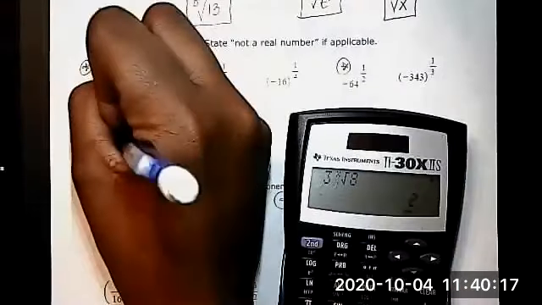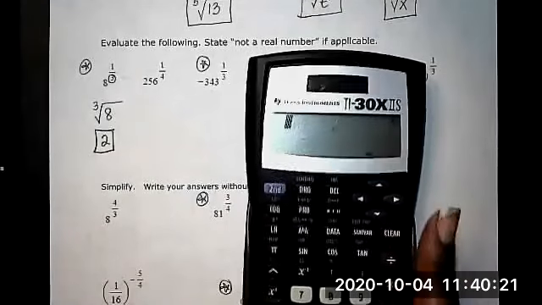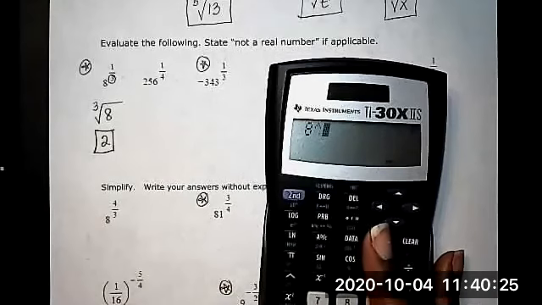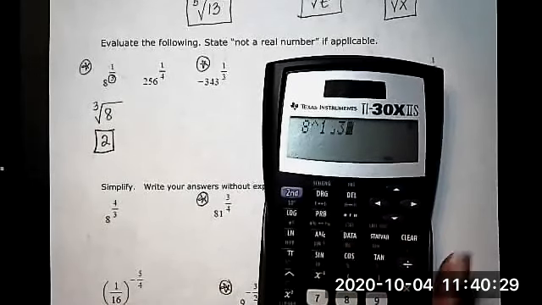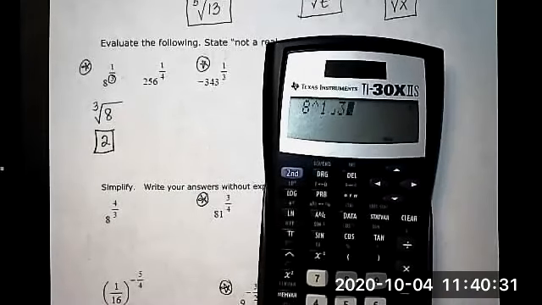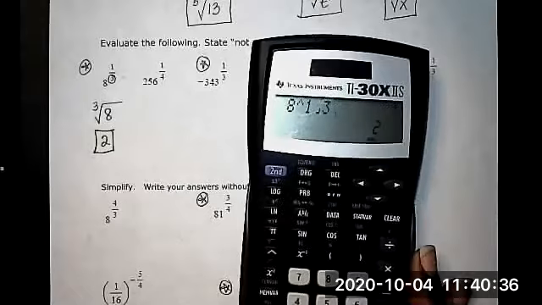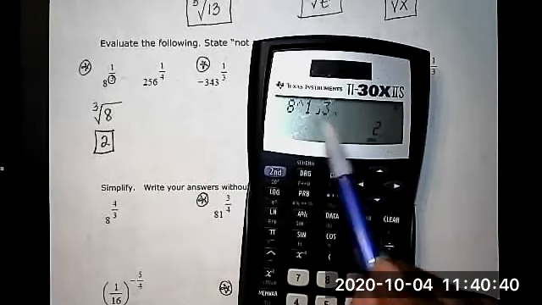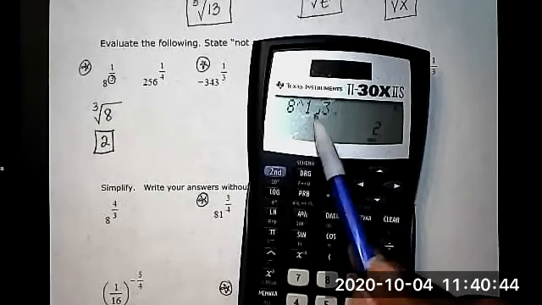Okay, so my answer here is 2. Would I be able to put 8 raised to the 1/3 power? I like to put my fractions like that. Would that give me the same answer? Yeah, look at that. I raised it to the 1/3 power, 8 raised to that 1 divided by 3, and I put that backwards L just in case my answer came out to be a fraction.